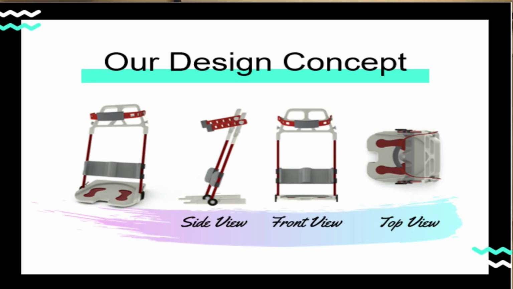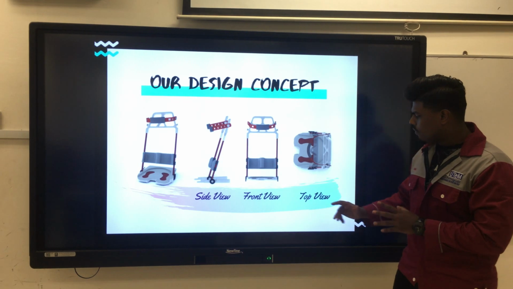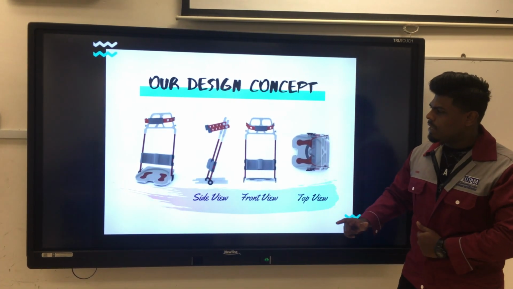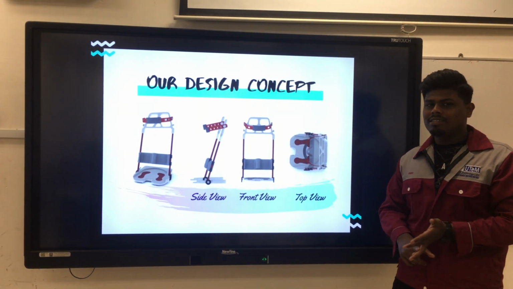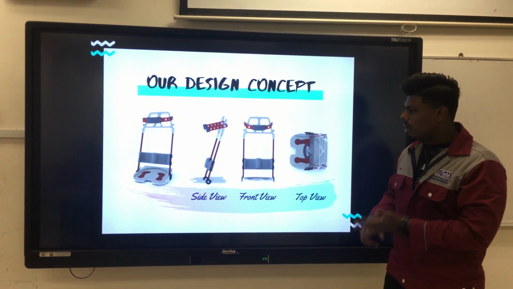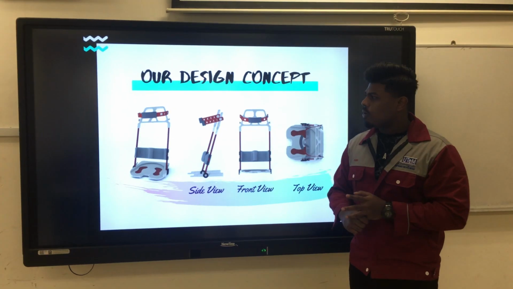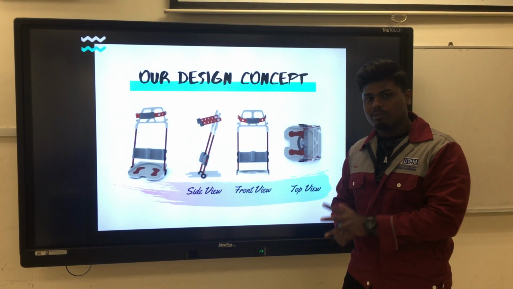Now let's look into our design concept, where we have provided you with the overall view, the side view, the front view and the top view, where this design has been adopted by not only one or two existing products, but by looking into many other products that are available in the market. Now, let me explain to you in terms of functionality that we have adopted from other products.